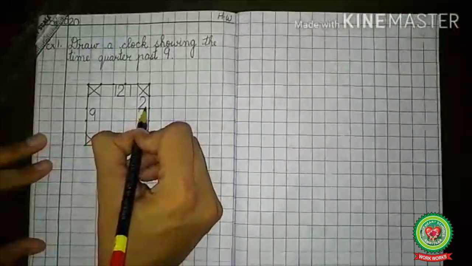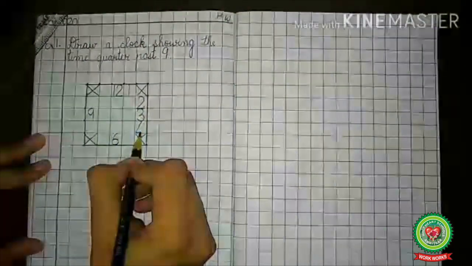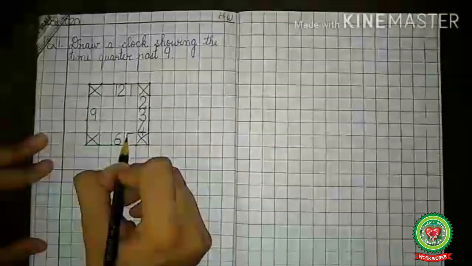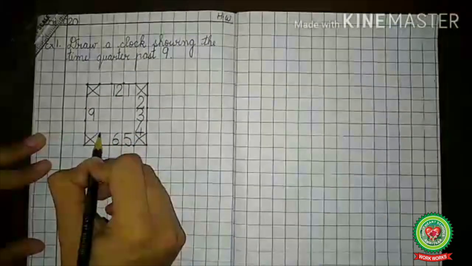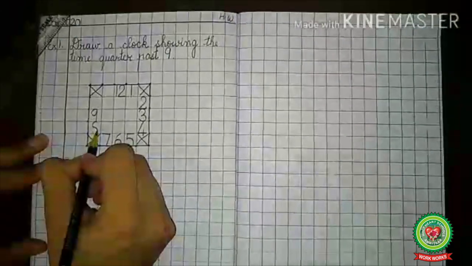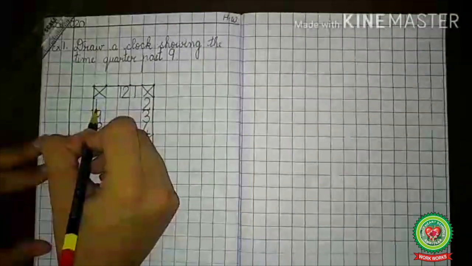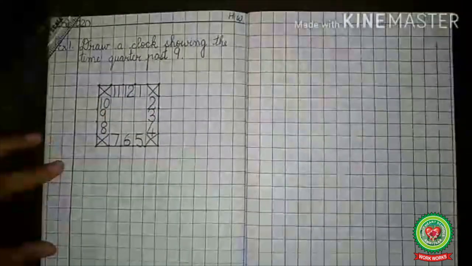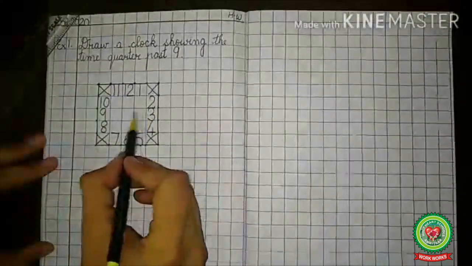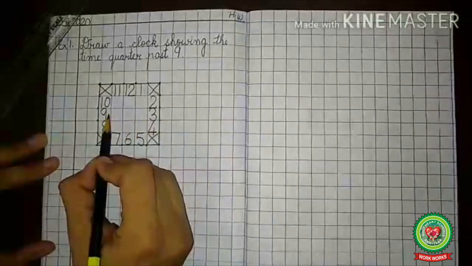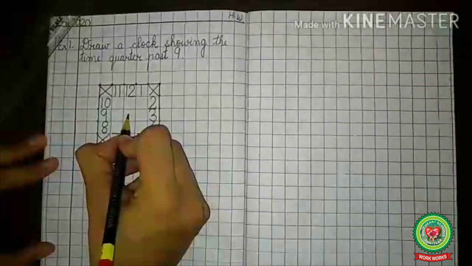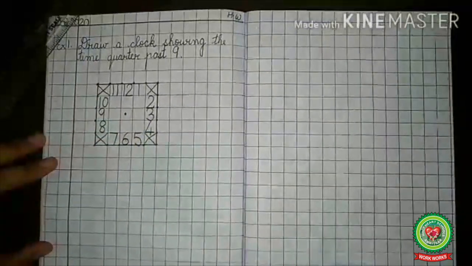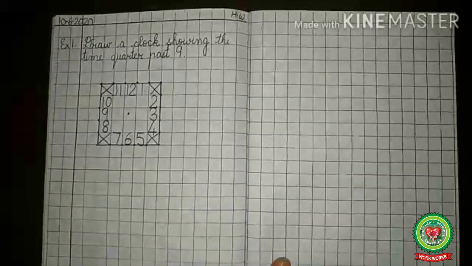Then 2, 3, 4, 5, 6, 7, 8, 9, 10 and here 11 is written. Now in between 3 and 9 you will draw a small dot from where you can draw your hands.